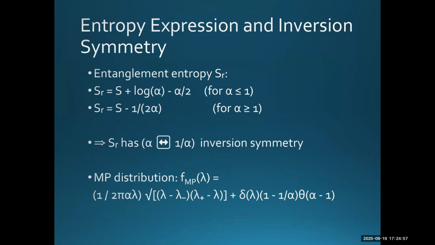It was done by other people. And interestingly, this entropy has an inversion symmetry. You can exchange the roles of N over P, or omega and exponential S. Strangely, it has a symmetry.